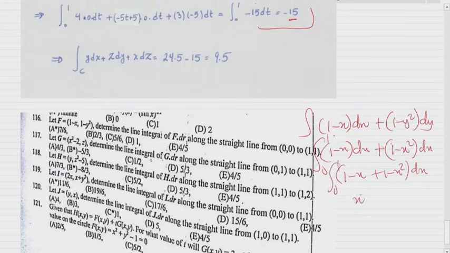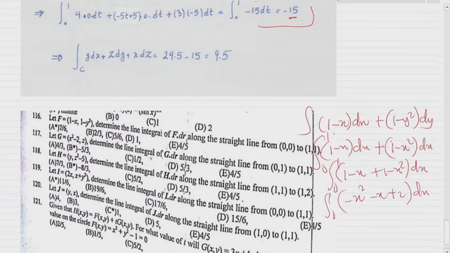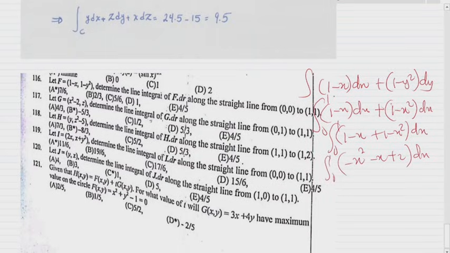So that will be minus x squared minus x plus 2 dx from 0 to 1. And then when you do it, you have minus x cubed divided by 3 minus x squared divided by 2 plus 2x, all from 0 to 1.